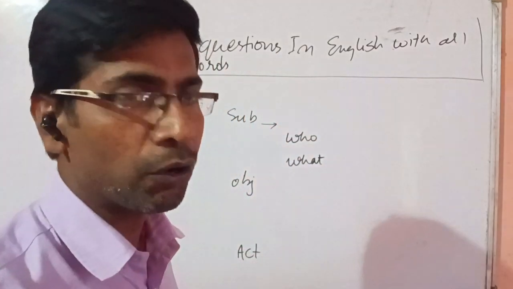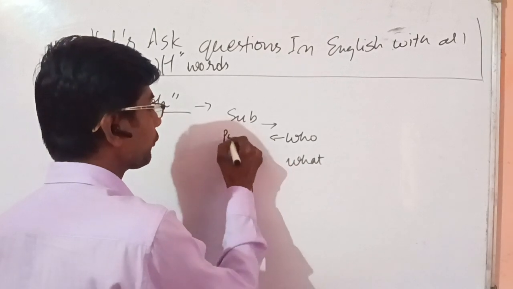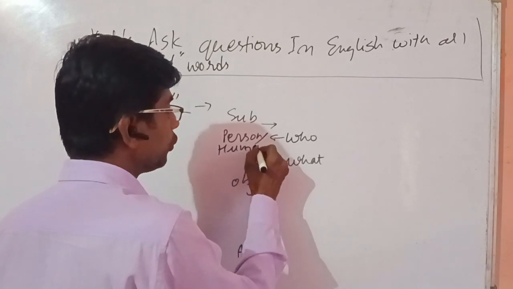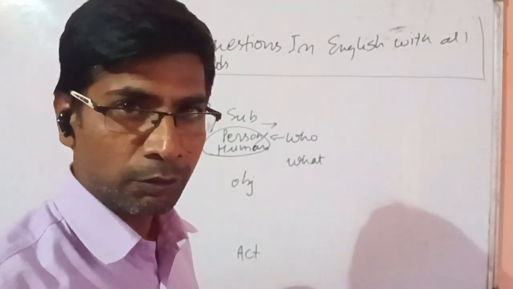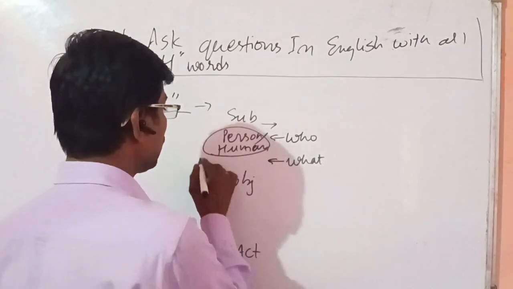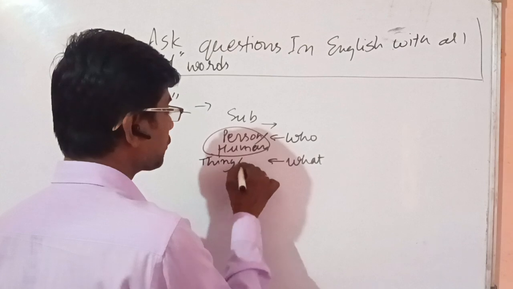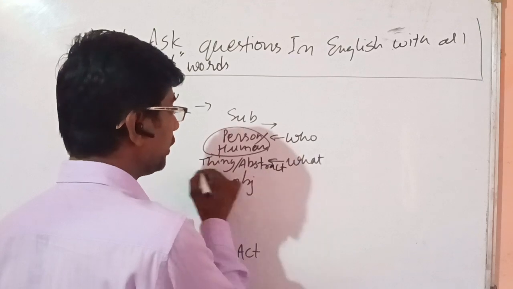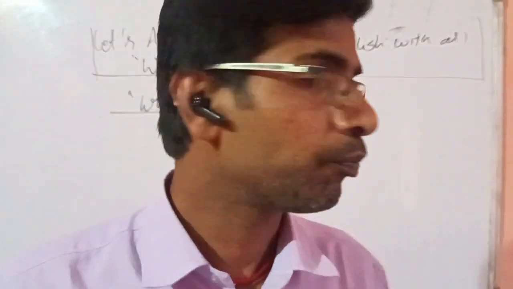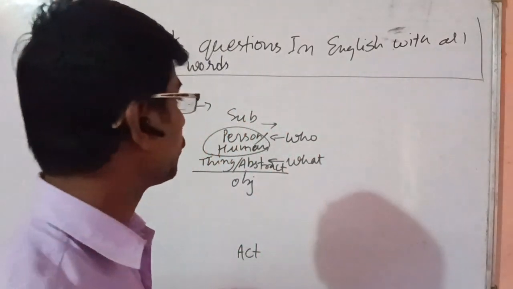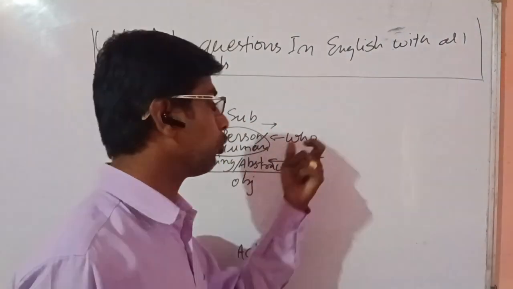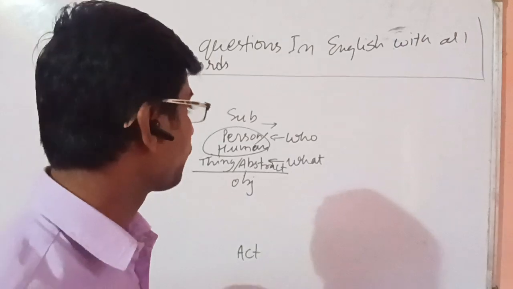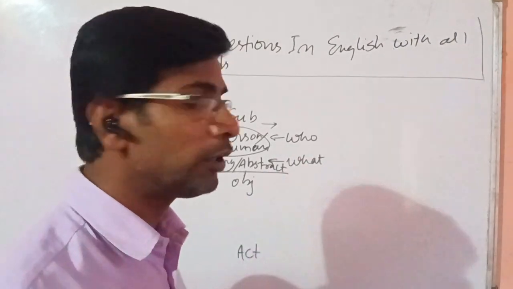Who or what. When you ask a question on a person or human, you go with who. But when you ask a question on a thing or an abstract idea, emotion, or feeling, you go with what.